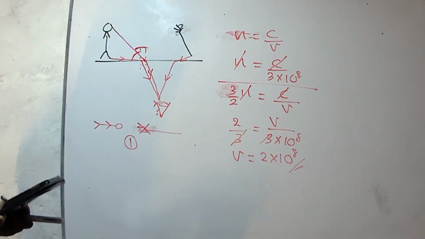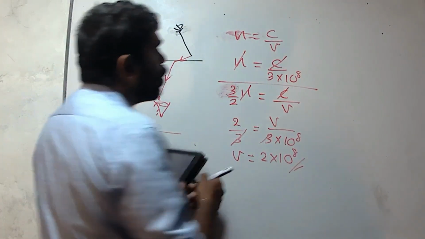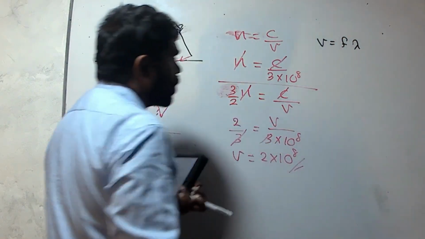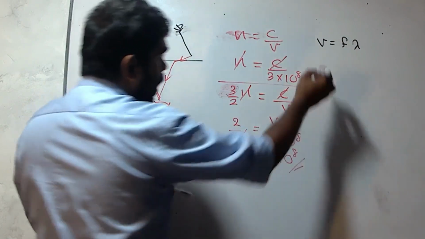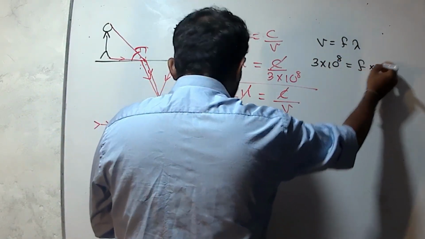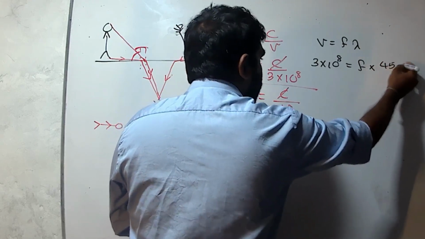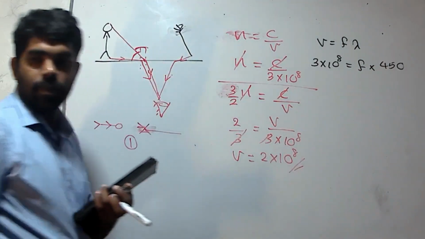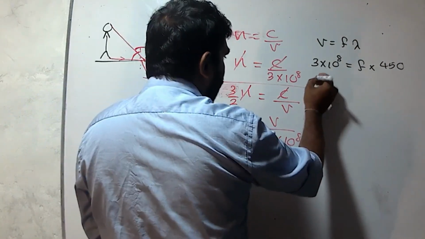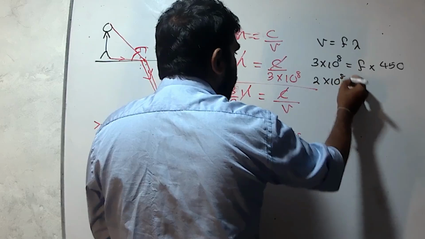Then we have to find the wavelength. We can use for the first medium v equals f lambda. Velocity 3 into 10 to the power 8, frequency f, wavelength for the first medium is given as 450. Then for the second medium, velocity is found as 2 into 10 to the power 8.